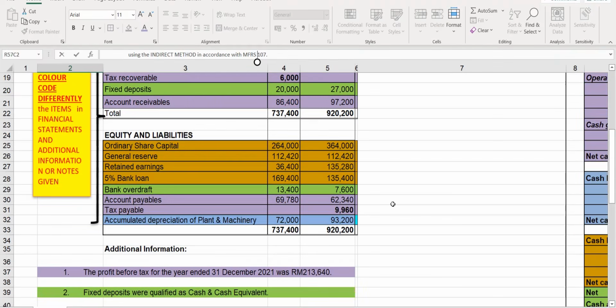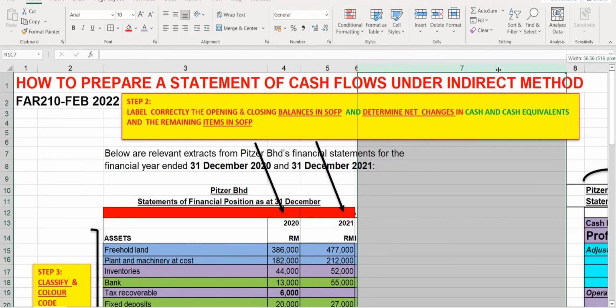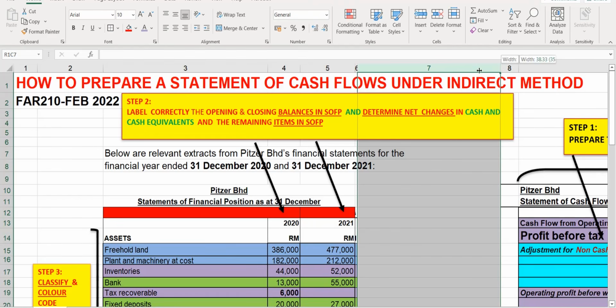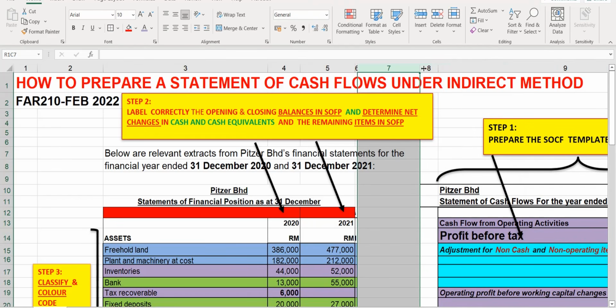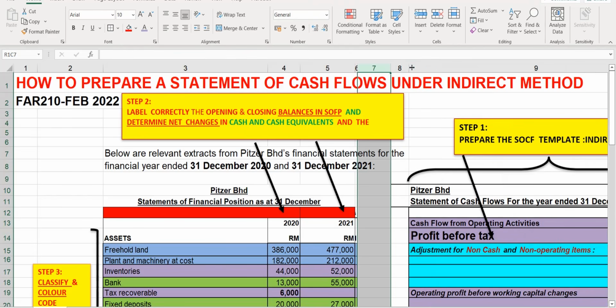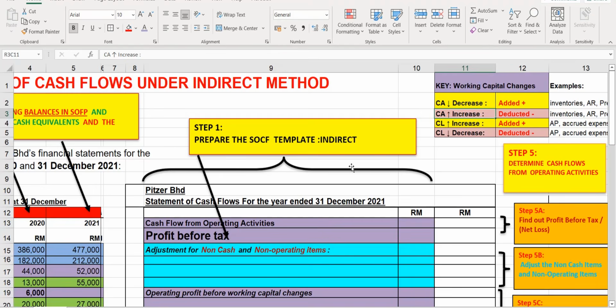So let's look at what you have and the first step. The first step before you prepare a statement of cash flow is to prepare the template first. I've already prepared a template for the preparation of cash flow using the indirect method.